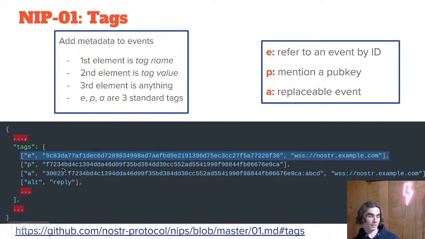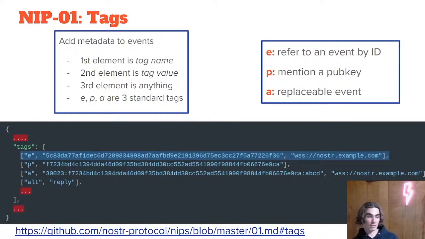Again, probably this is the pubkey of the person that made this event, or sometimes you'll see a pubkey tagged if you use the @ and say @username, and then your client will stick that pubkey in here, so that you can see everything that has that pubkey tagged in it.